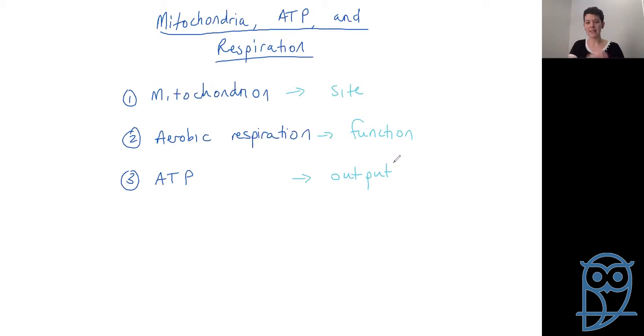They're all so tightly linked together because effectively it is one thing that's happening, production of ATP through aerobic respiration in the mitochondria. So at AS, mitochondria and ATP definitely are on your radar. Aerobic respiration is covered in far more detail in the A-level portion of the course, but we're going to touch on it today just so that you've got an idea of how everything fits together.